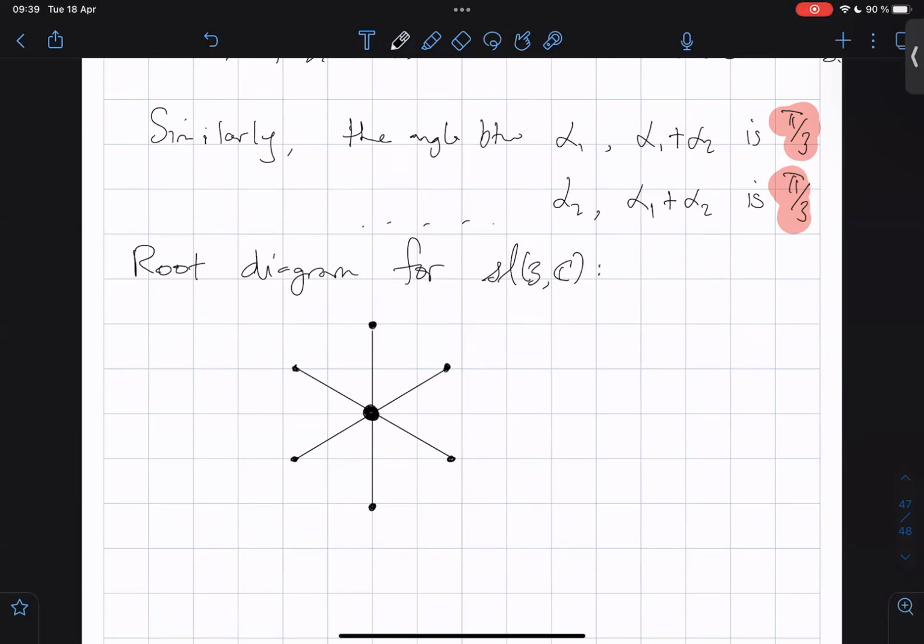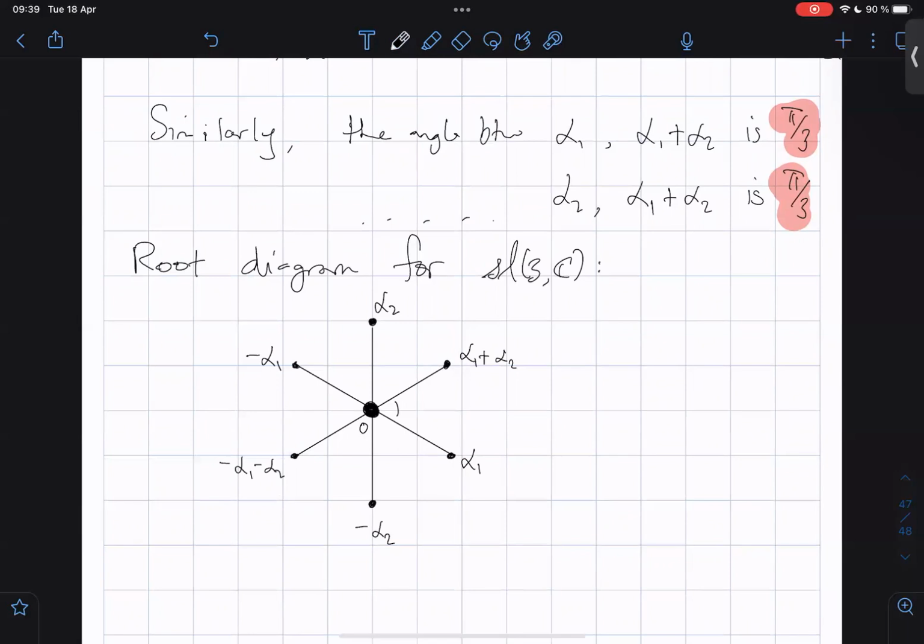Okay, so that's the 0 base. Here's alpha 1. Here's alpha 2. Here's alpha 1 plus alpha 2. And then you have the negatives. Okay, so you have this angle pi by 3, pi by 3, and all the way around. And these lengths, they're all supposed to be equal. So that's the root diagram of SL3.